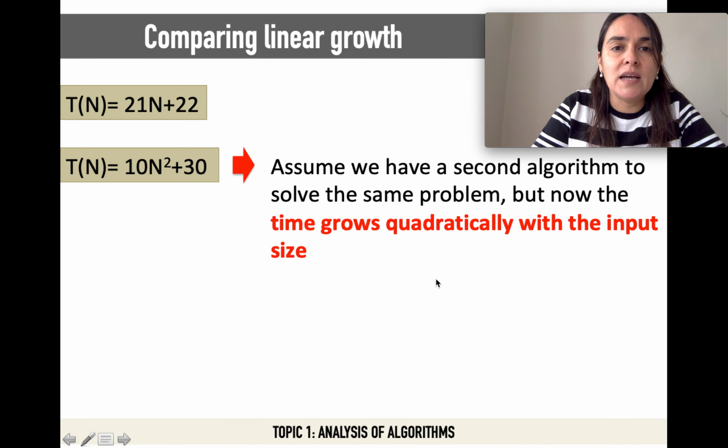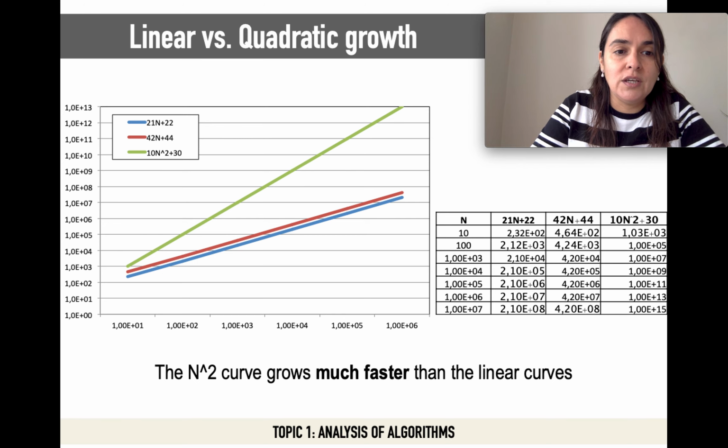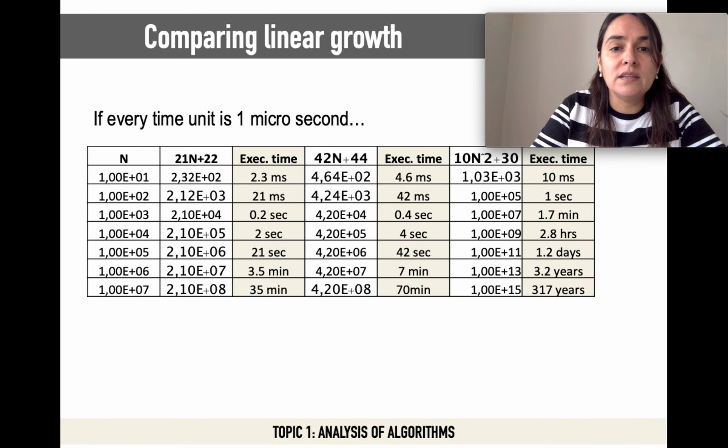But what happens if we have a second algorithm that takes quadratic time to be executed? So the time does not grow linearly like this, it grows quadratically with the input size. So if we draw these lines, you can see that for an algorithm that takes quadratic time, the time grows much, much faster than the linear ones. And if we translate these numbers into time, if every time unit is equivalent to 1 microsecond, look at the difference.